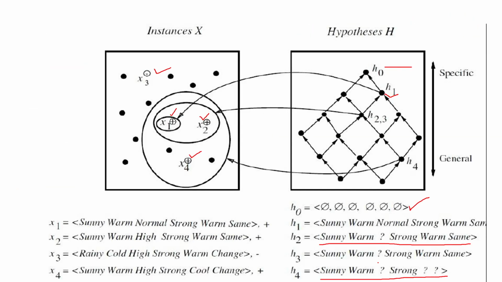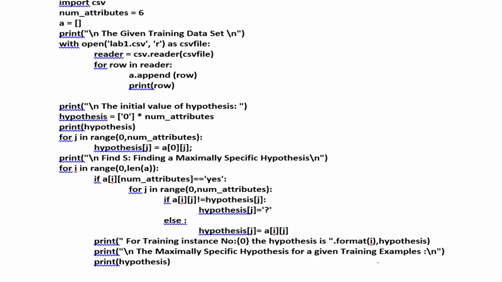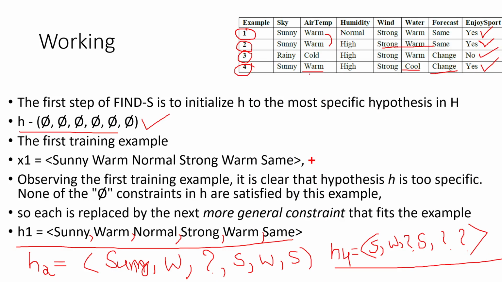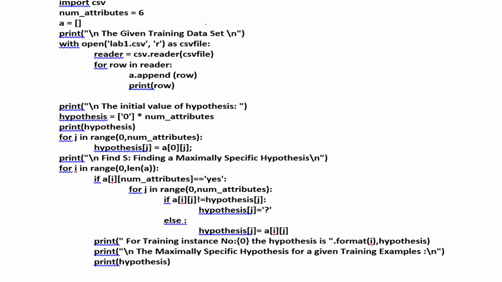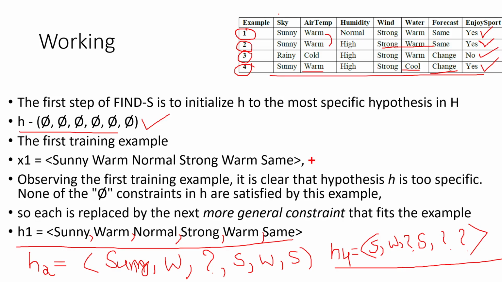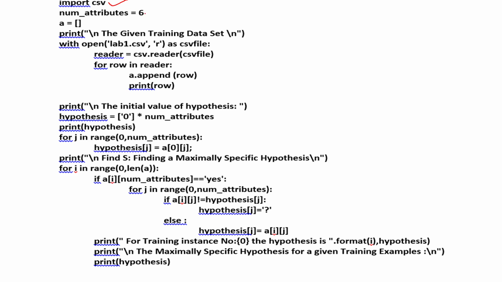How can the program be written? See, first create this in CSV. You have to make entries in an Excel file and save that as CSV. So import csv. In this example, the number of attributes is 6: 1, 2, 3, 4, 5, 6 attributes are required. The seventh attribute is positive or negative.